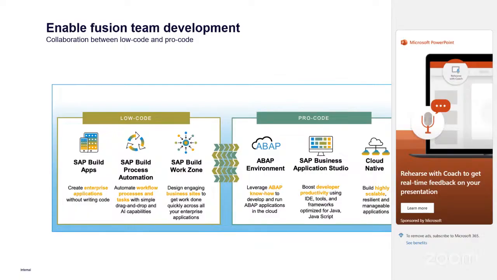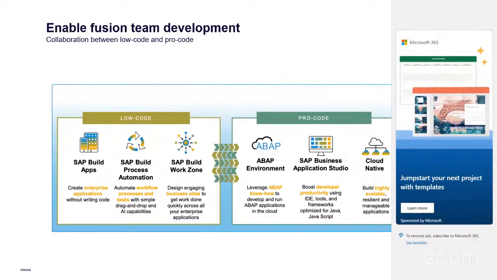So SAP Build Code is similar to SAP Business Application Studio. That is for the pro developer, wherein you can do your cloud native development for CAP using Node.js or Java and JavaScript, and you can build even Fiori applications or MDK applications, the Mobile Development Kit, and all those things. That's how the segregation has been done over here.